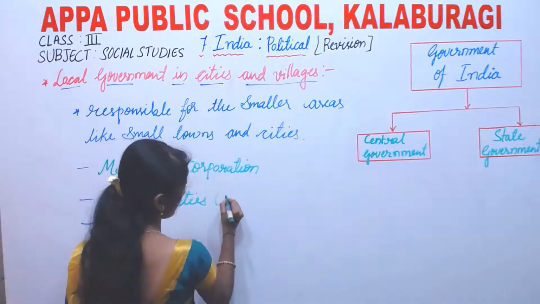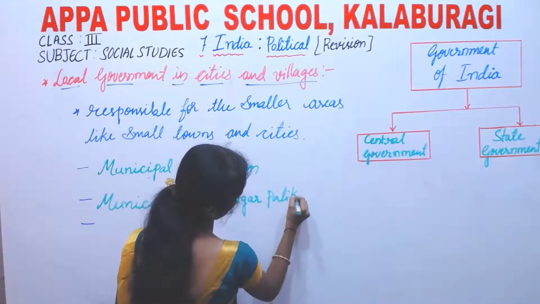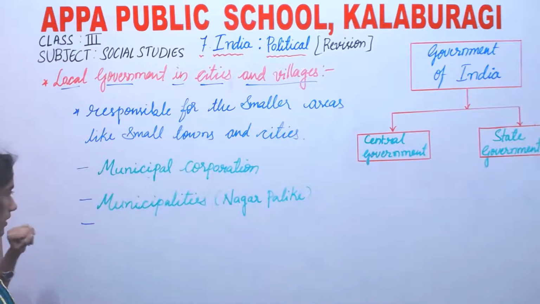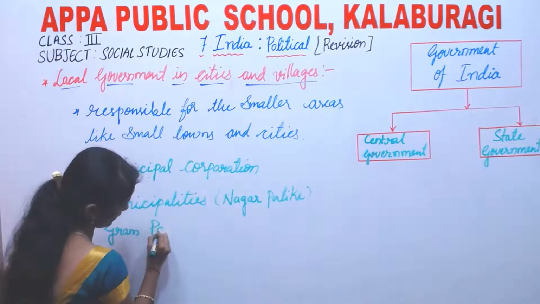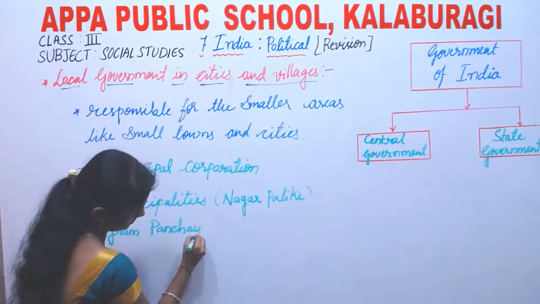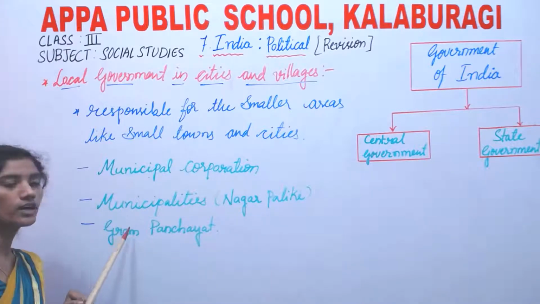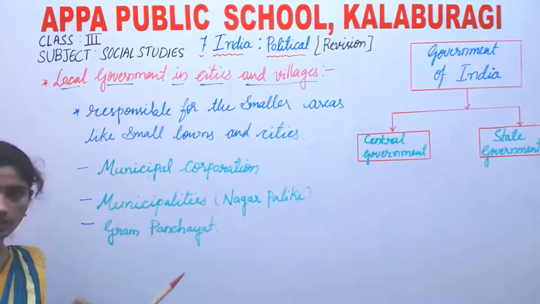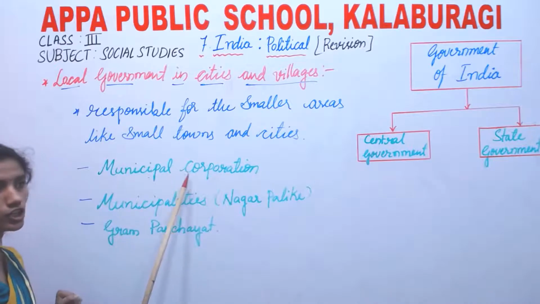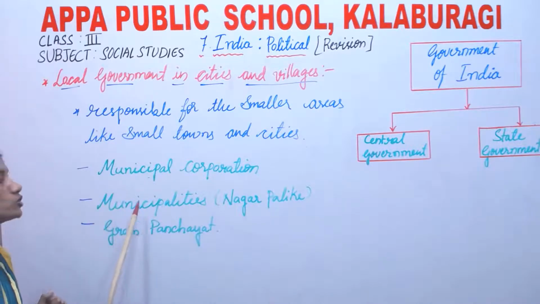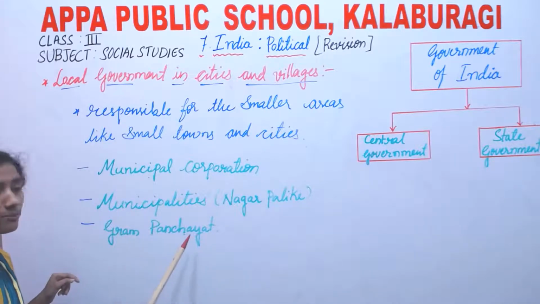Yes, what do we say? Nagarapalike. And the third one is gram panchayat. Yes, these are the three different levels in local government. Which is the first one? Municipal corporation. Second one is municipalities, means Nagara Palike, and the third one is gram panchayat.